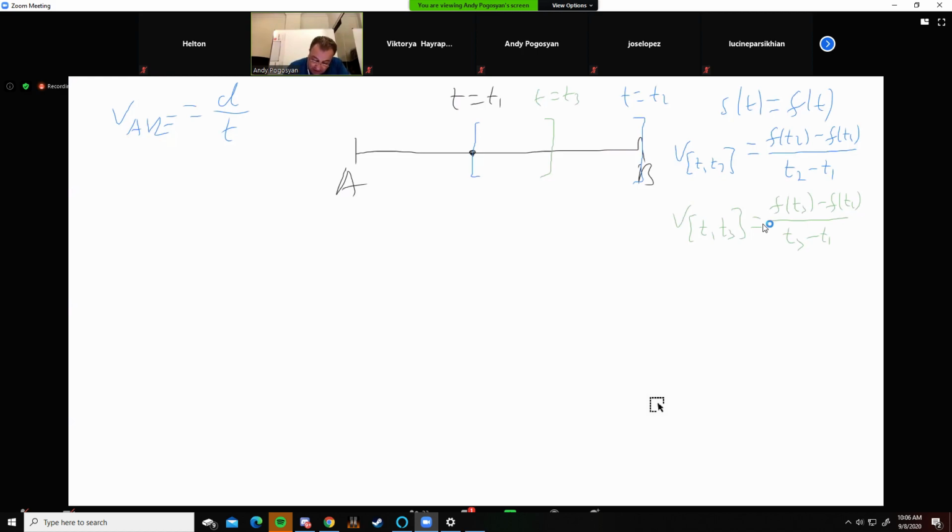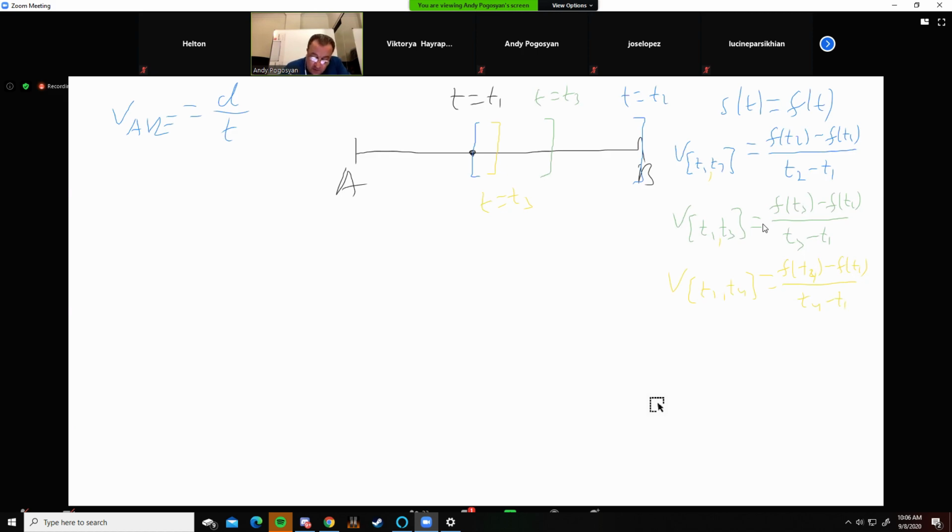Now make it even smaller, closer to t1, somewhere here. The smaller the time interval, the smaller the distance. And that means the average velocity between t1 and t4 is defined as f of t4 minus f of t1 over t4 minus t1.